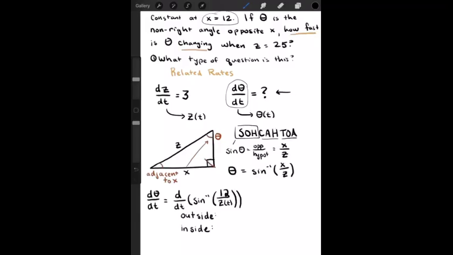So the chain rule is the rule we're going to need for this guy, right? We don't have anything that tells us about sine inverse of a constant over a variable in particular.